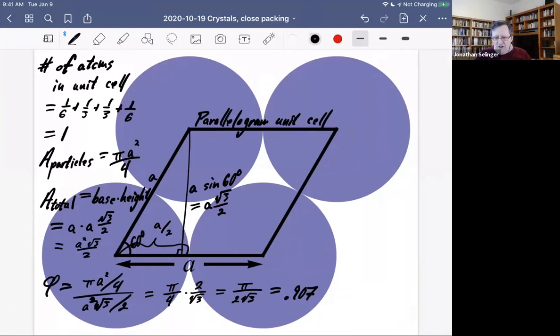And when I was a kid, I would sometimes arrange coins on a table and see how you could put coins together in the most efficient way. And it would make a picture like this one, right? And so maybe some of you have done that too. This actually is the most efficient packing in 2D. So there are mathematical proofs of that.